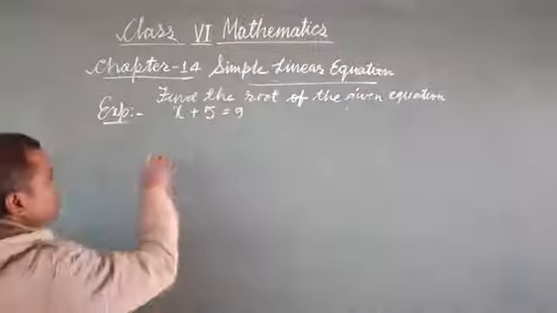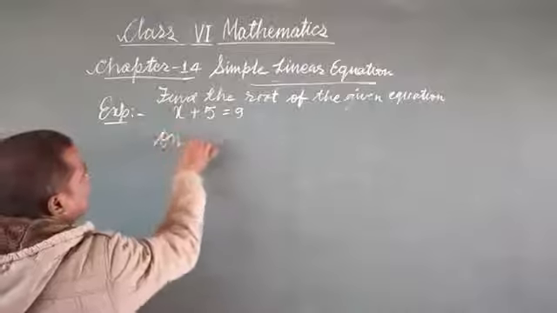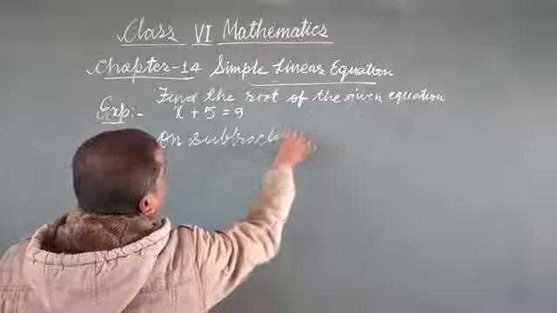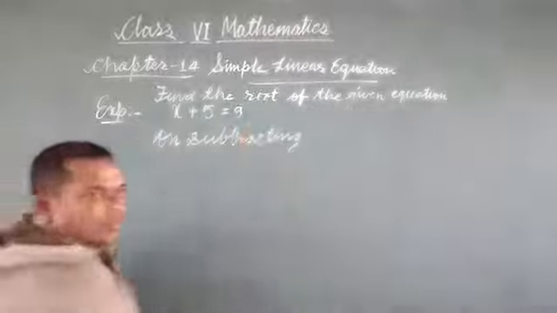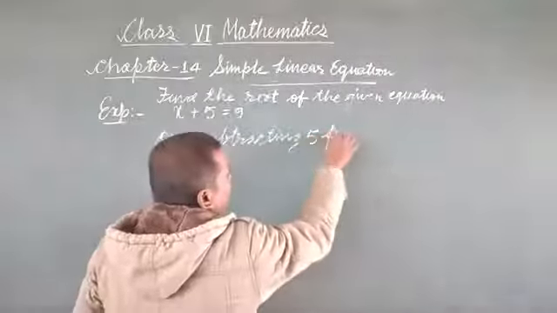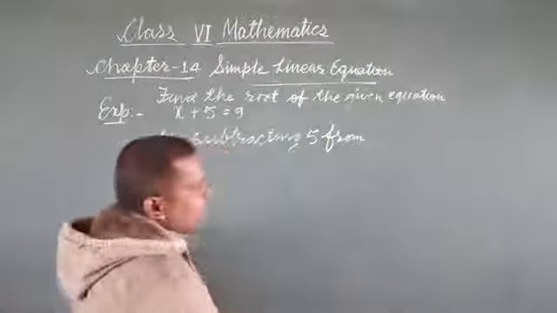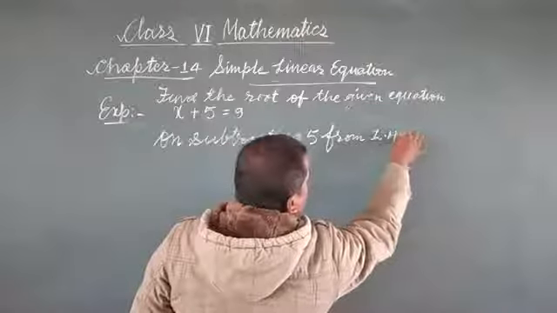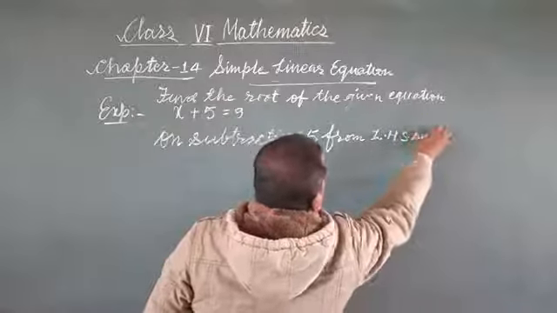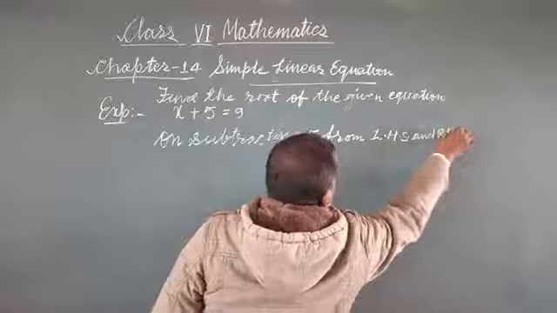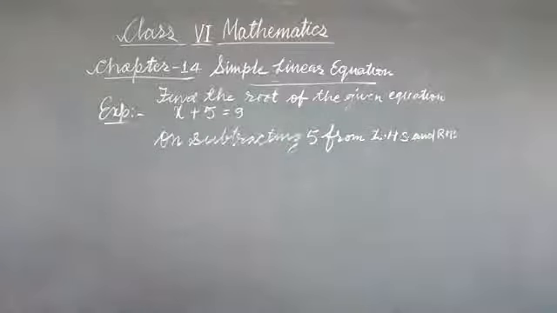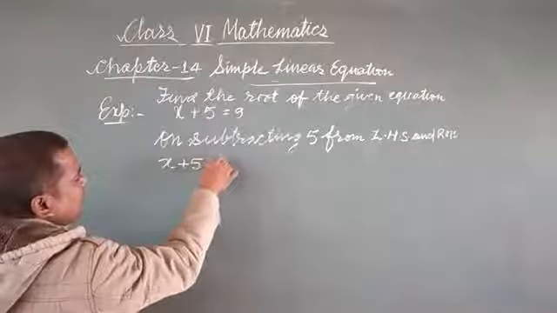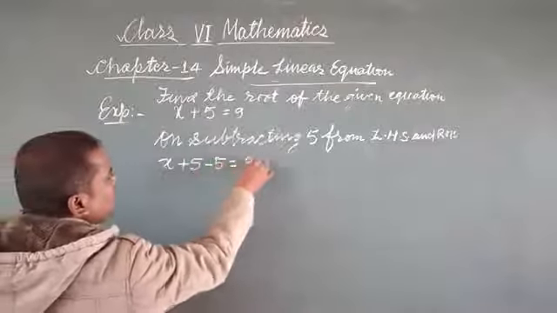So we write here, on subtracting 5 from LHS and RHS, so we write x plus 5 minus 5 is equal to 9 minus 5.